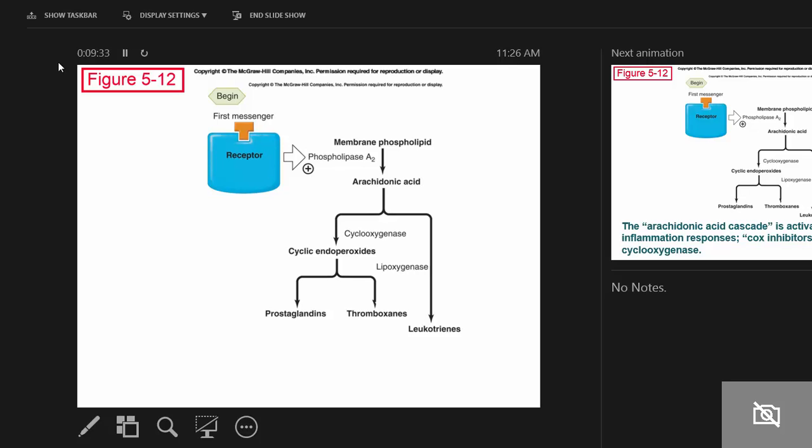Because a stroke or a heart attack is caused by the vessels being inflamed and closing down, and then you have a stroke or heart attack. It's called ischemia. Aspirin, by blocking this leg of this pathway, is one step in reducing that. Because these are pro-inflammatory, right? So your body is supposed to be both pro-inflammatory and anti-inflammatory.